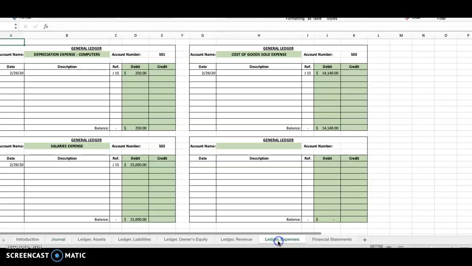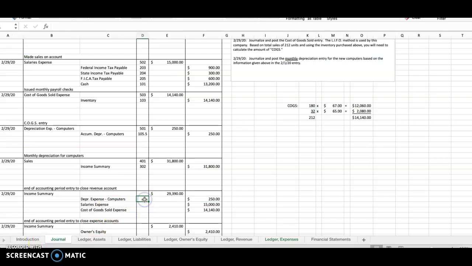Why do we credit $250? Because if I look at that account, depreciation expense for computers, it has a debit balance of $250. So I will credit $250, and that closes it. I'm taking the money out of this account, making it have a 0 balance. That's account 501, and that goes into our journal.